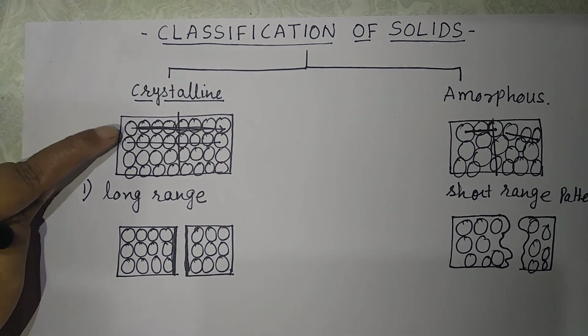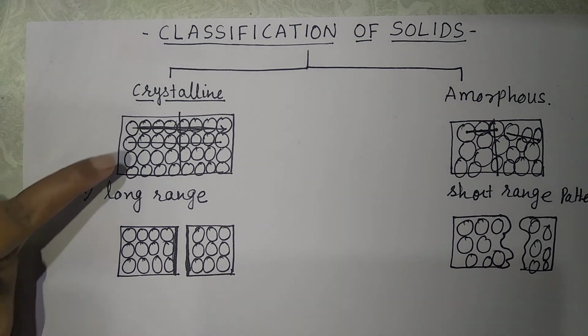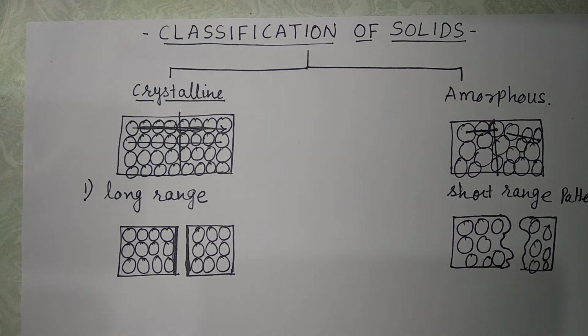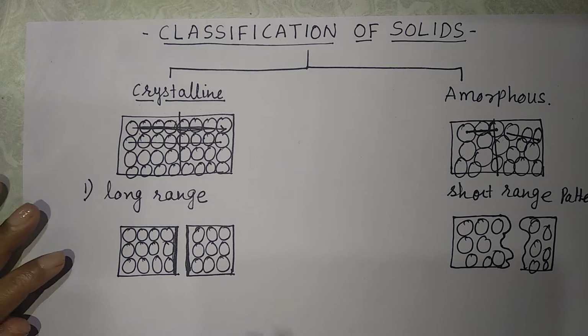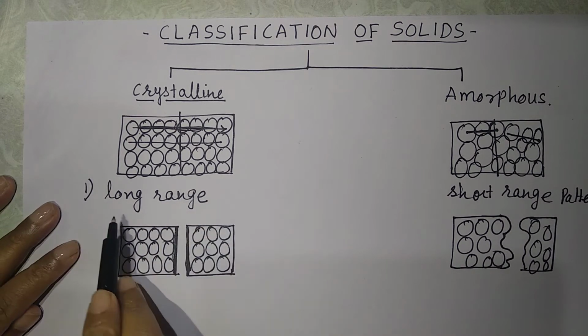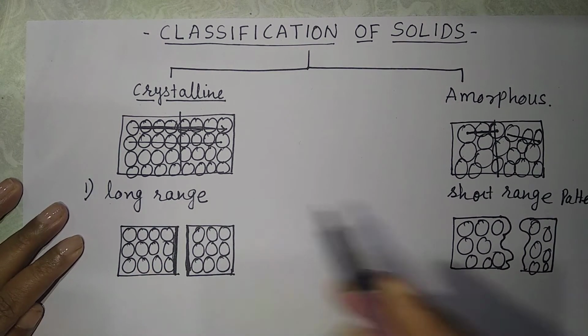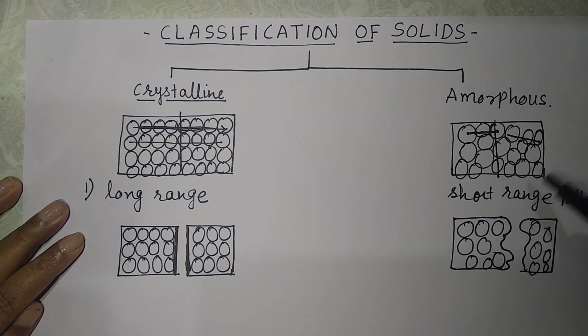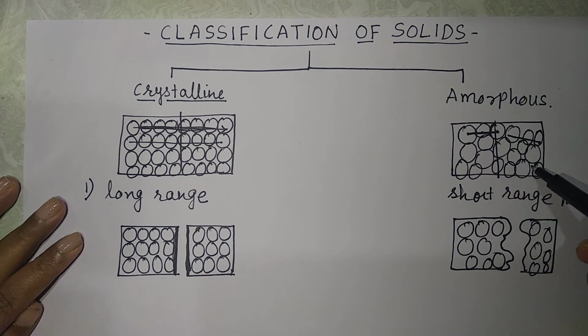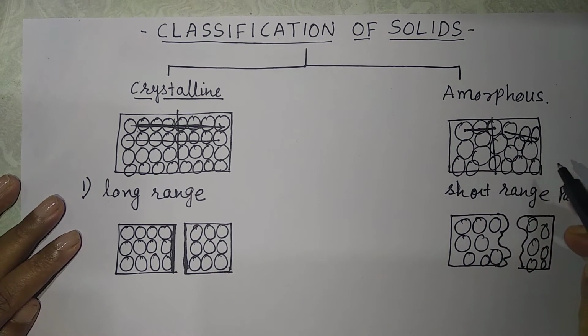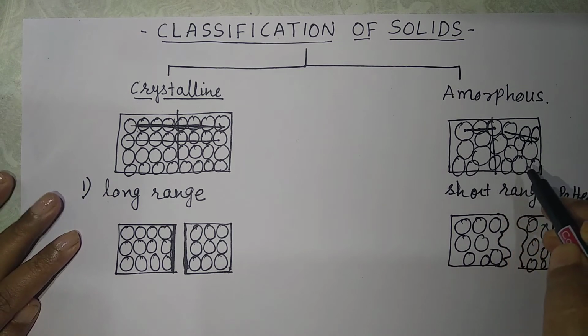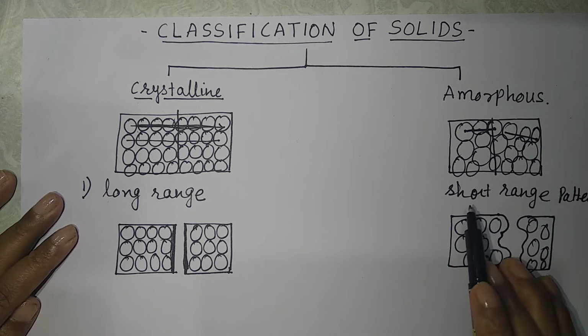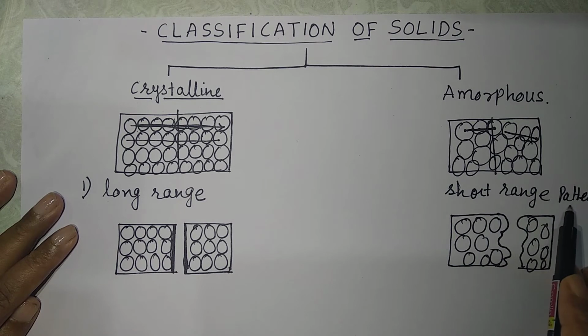Let us recall the first point, that is, they have a definite arrangement of atoms, ions or molecules, and this definite arrangement is for a long range. Whereas here the atoms are just piled one on the other, so there is no definite pattern of arrangement of atoms, ions or molecules, and so we say that they have a short range pattern.